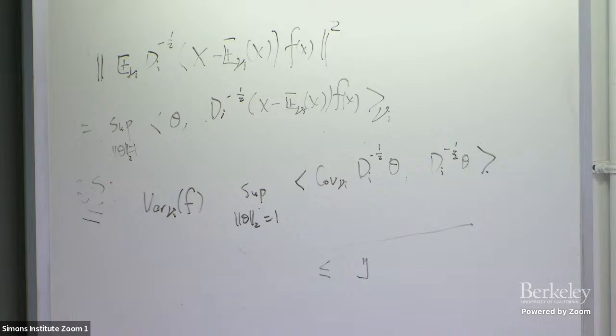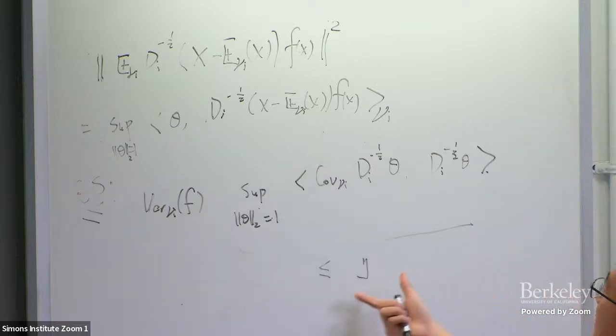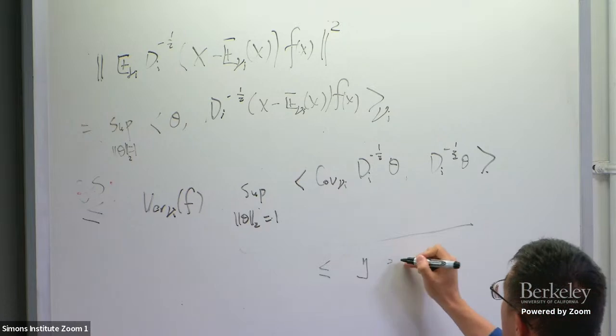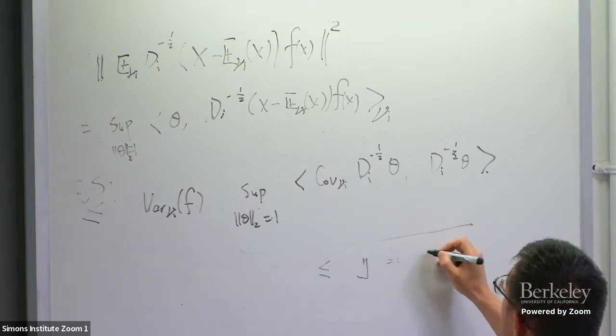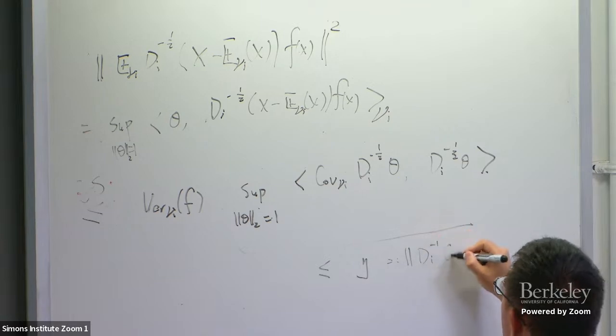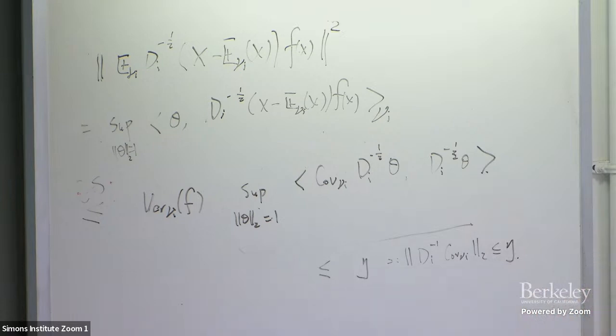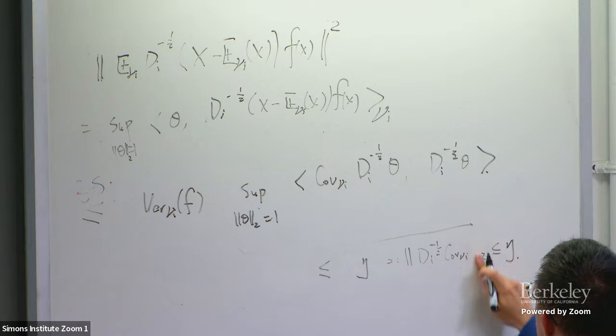I messed up a little bit, so this will be eta. Eta was defined as the spectral norm of di to the minus 1 times the covariance of mu i being bounded by eta. Eta equals 1 only affects things a little bit, but you still get some polynomial. But let's make it symmetric.